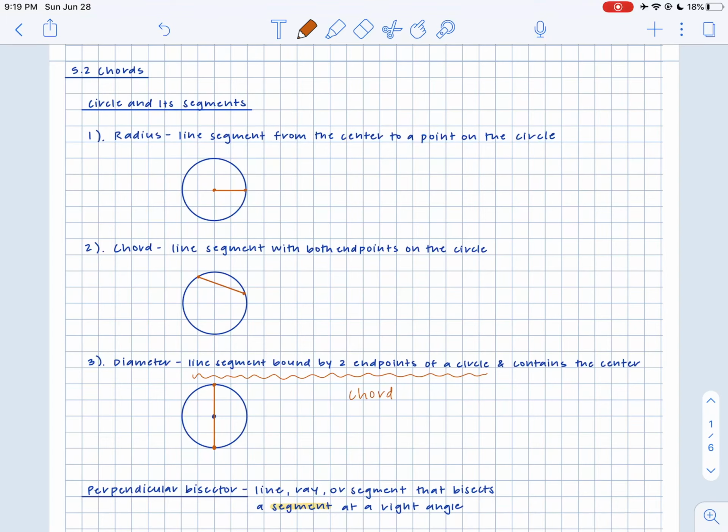So another way to think of a diameter is a chord that contains the center, okay? So there are three segments for circles, and we're going to focus a lot on chords.